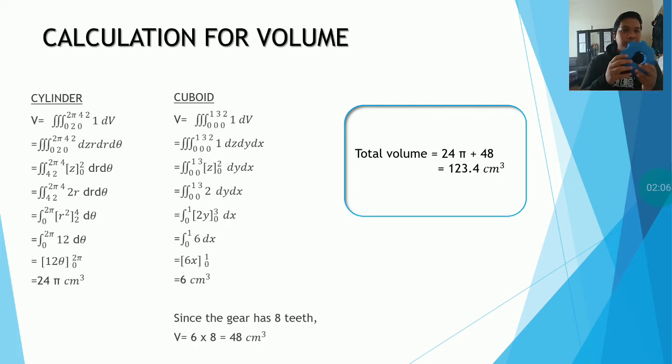So for the limits, I use dz r dr d theta. For the limit for z, which is the height of the cylinder, as I mentioned before, the height is 2, so the limit is from 0 to 2.